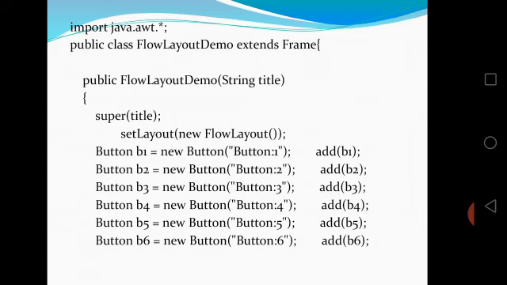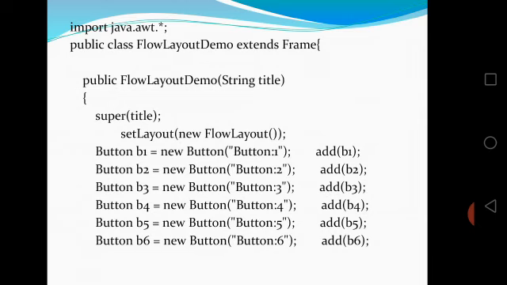So we are creating 6 buttons. The button names are B1, B2, B3, B4, B5, B6. The button label is the string displayed in the button, that is button 1, button 2, button 3, button 4, button 5, button 6. Once you create the component, we have to add the component to the container, as we have seen in the previous lecture.